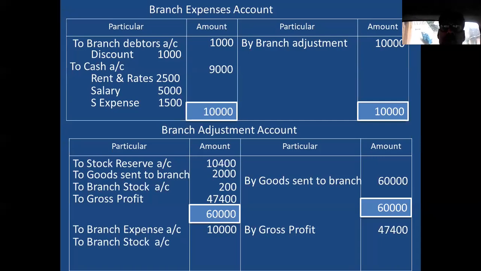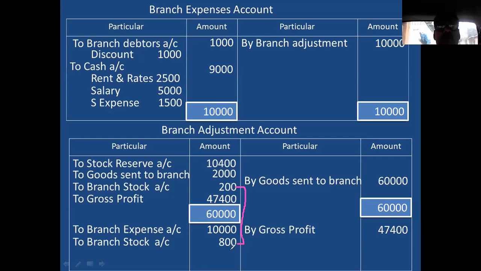Once again, I'm telling you, so you remember, if there is a deficit, that deficit you record in the credit side of branch stock, then that is to be split. That is to be split into two, loading in the trading account and cost in the remaining value. Cost means remaining value. Remaining value in the P&L account.